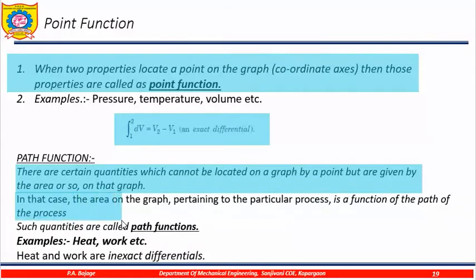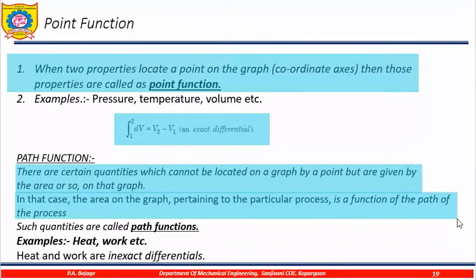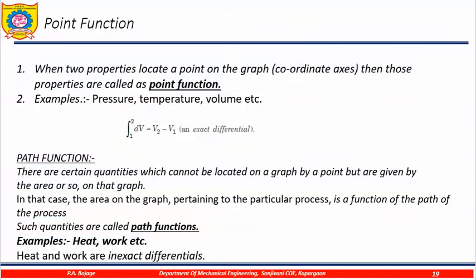The area on the graph pertaining to a particular process is a function of the path of that process, and such quantities are called path functions. So, please remember that if you want to show an area in a graph, that area pertaining to the process will give you the function, and that is called the path function. For example, heat and work.